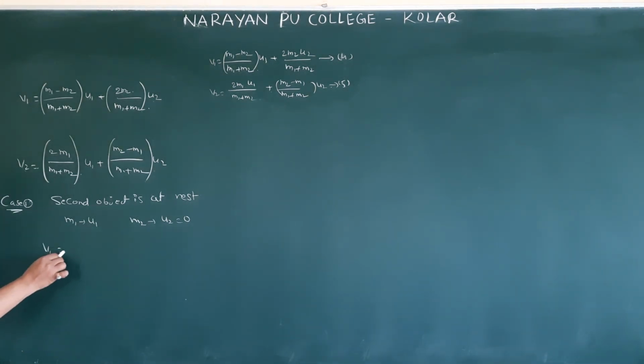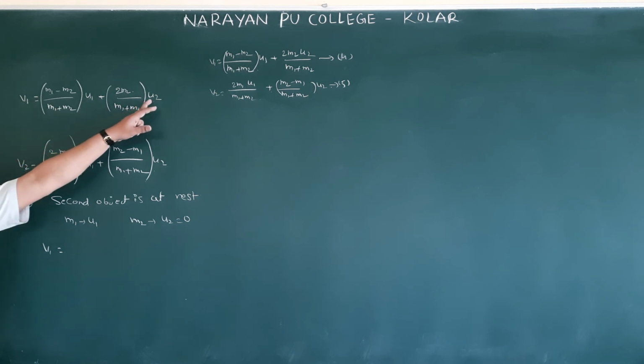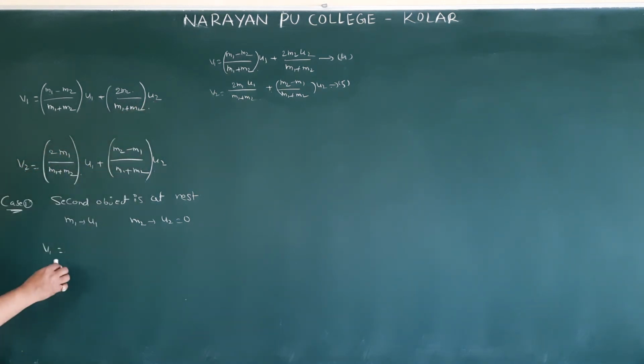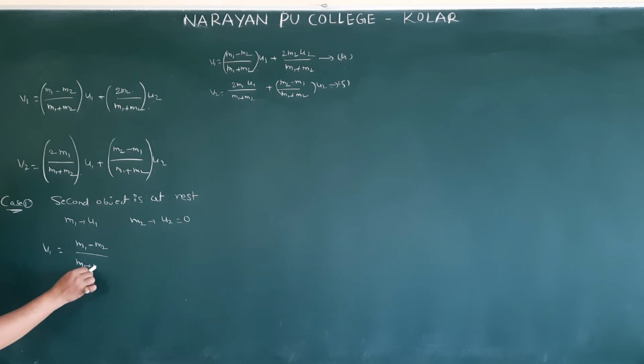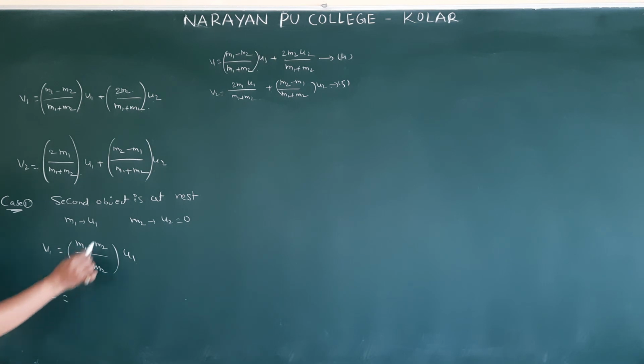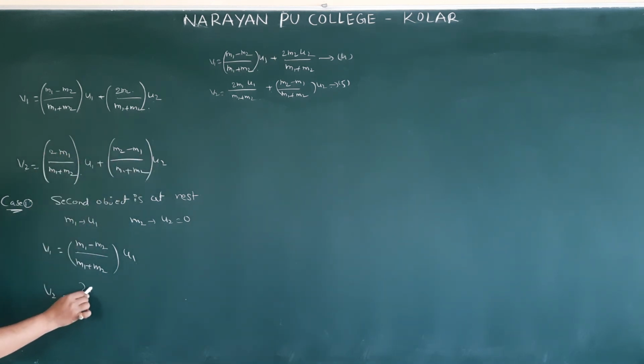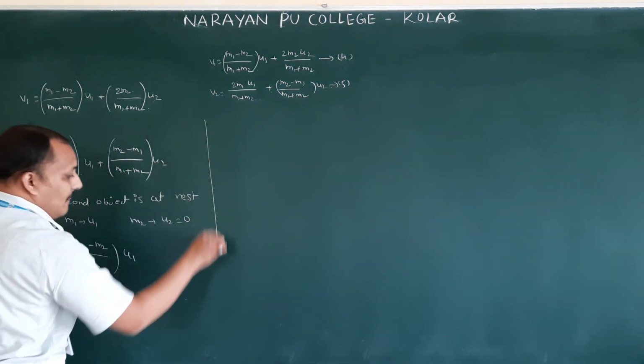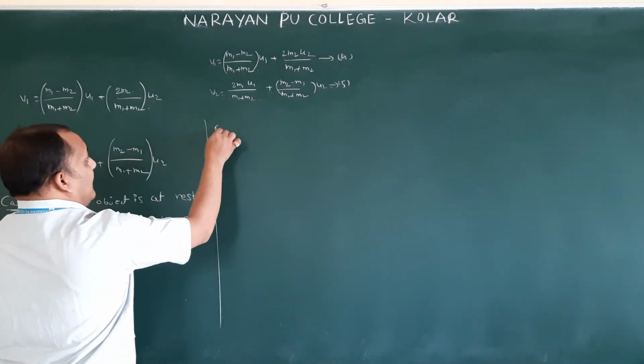Simple. V1, you can put U2 as 0. Then the equation is M1 minus M2 by M1 plus M2 into U1. And V2, with U2 as 0, is 2M1 U1 by M1 plus M2, because the second term will not be there.